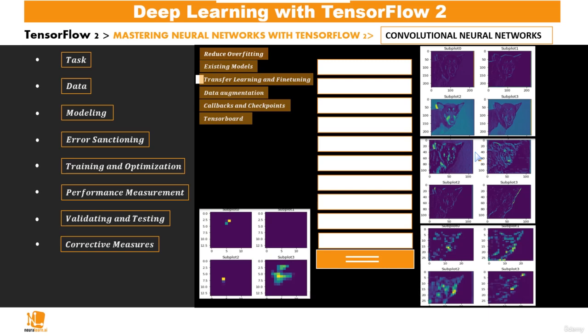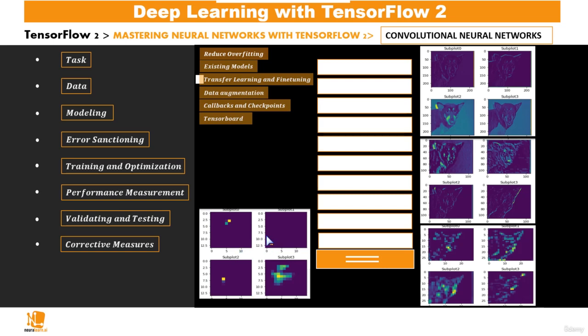And since these low-level features are common to all images, we can use the same model in another problem while just modifying the sections which have to do with the high-level features, which are more specific to the task.